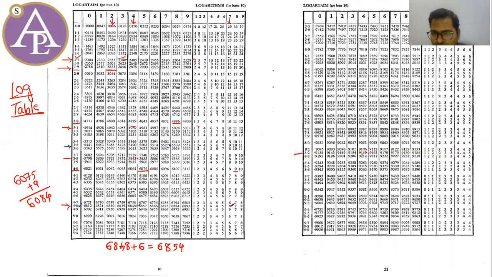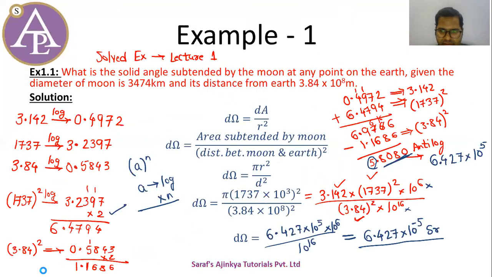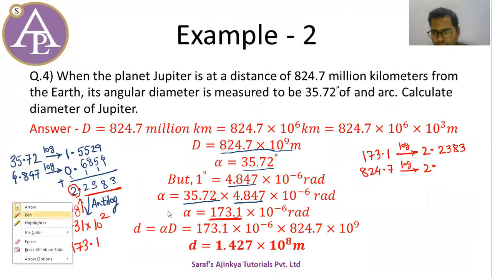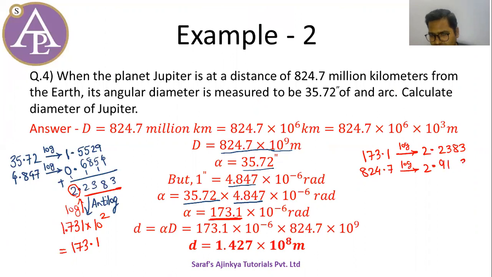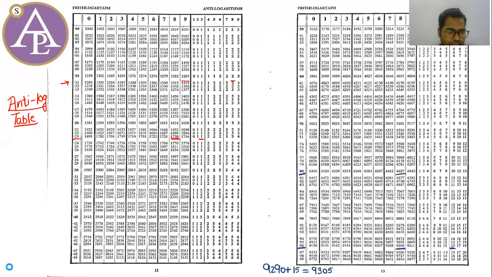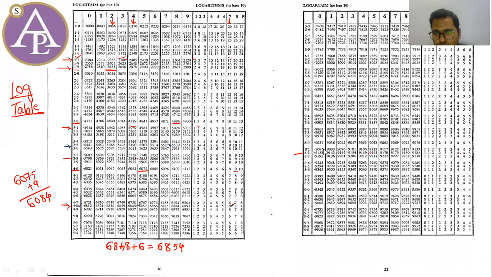So it is 9159 plus 4. So 9159 plus 4 will be 9163. So this is 9163. 8247. I'll just cross check. 82, 4 and 7. So 9163 is correct.